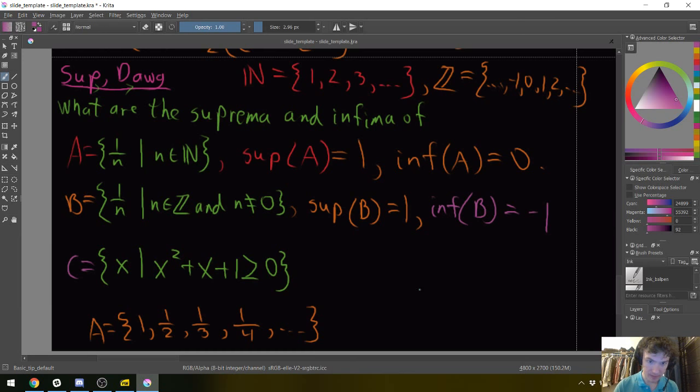Yeah, I'm just going to do this one a little fast. So this set C, you have to solve a quadratic. So this is, let's see, negative b plus or minus square root of b squared, which is 1, minus 4ac. This is going to have imaginary roots, isn't it? Yeah, okay. So this thing, x squared, this thing is always greater than 0.